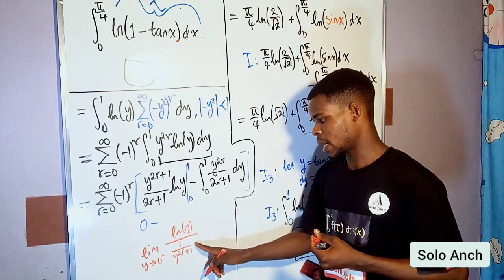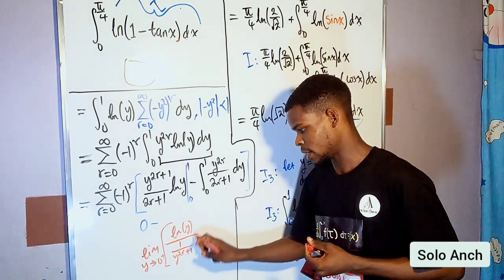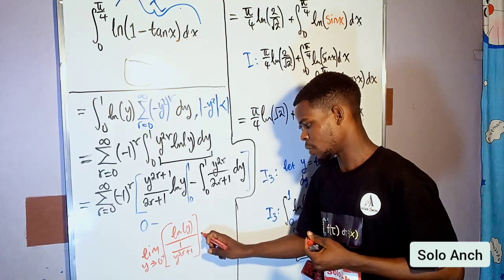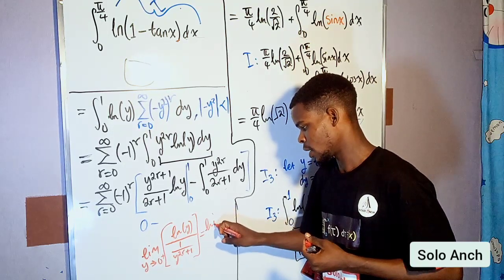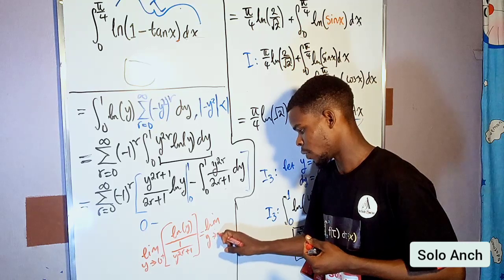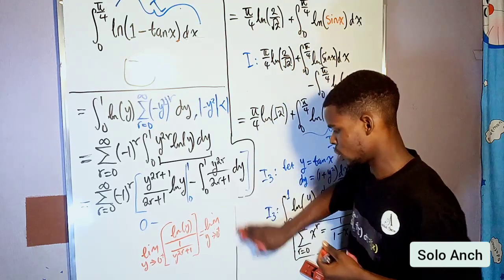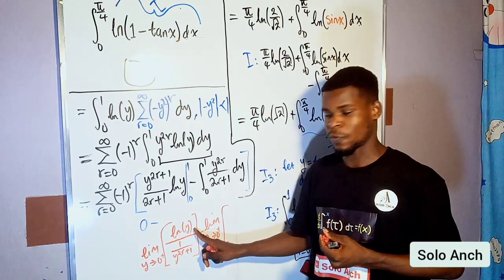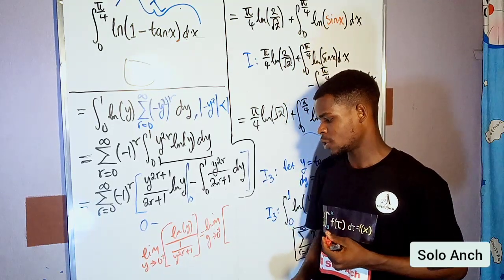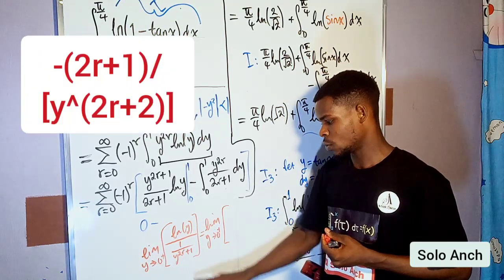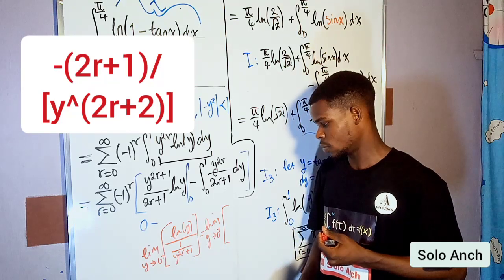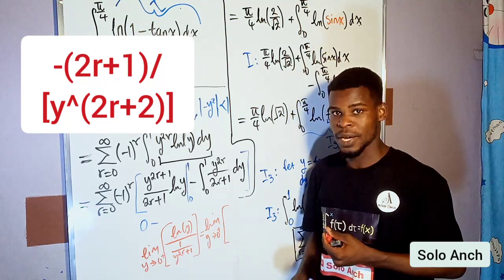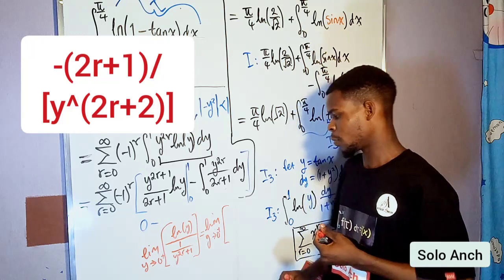So I'm going to apply L'Hopital's rule on this, like I said earlier. When we apply it, this should be the limit as y approaches 0 from the right of, let's see what this will give us. When we differentiate this, that will be 1 over y. We differentiate this, that should be negative 1 over 2r plus 2. We will multiply top and bottom by y raised to the power of 2r plus 2.